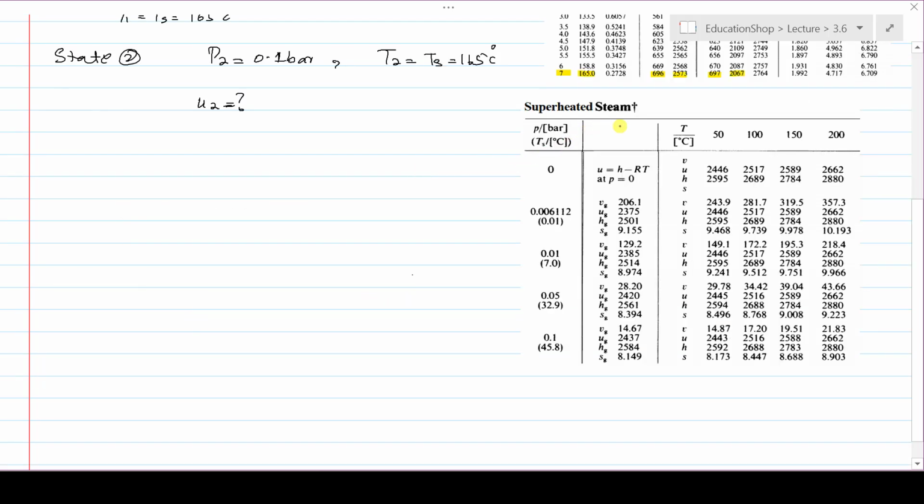From the superheated steam table, the pressure 0.1 bar with temperature 165 centigrade is not available in the table. At 0.1 bar the temperatures 150 centigrade and 200 centigrade are available, but in between, 165 centigrade is missing. So in order to find the internal energy at 165 centigrade, we will do interpolation. Let me first write the interpolation formula for U2.